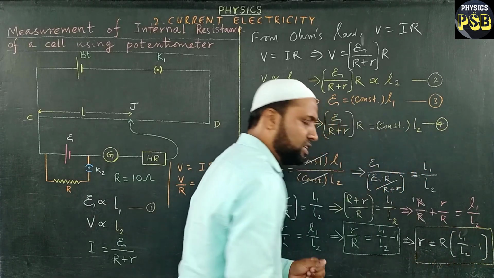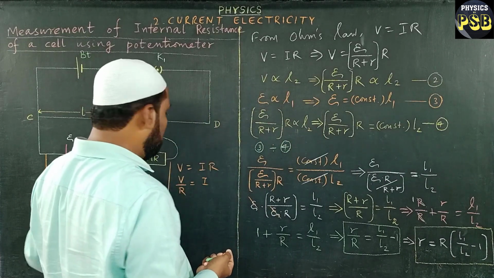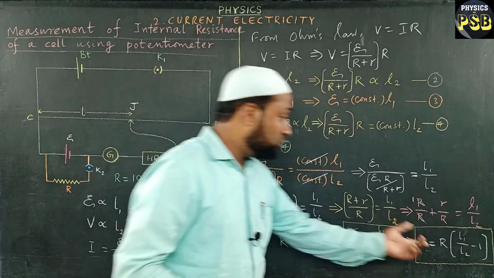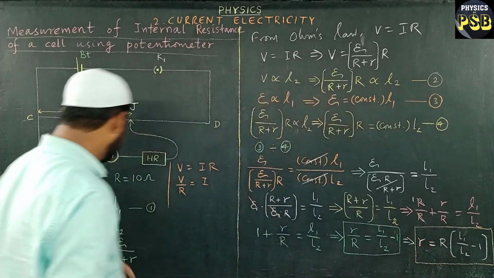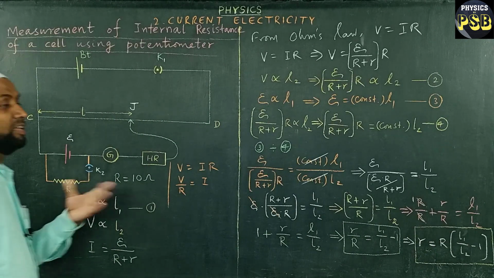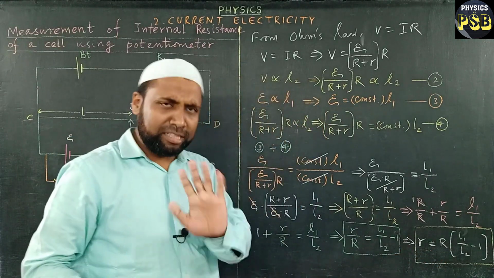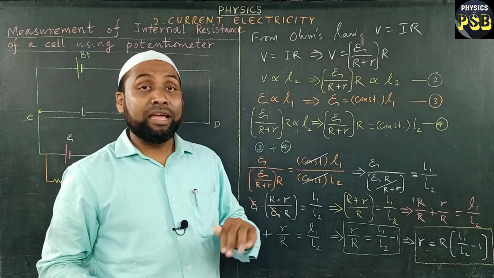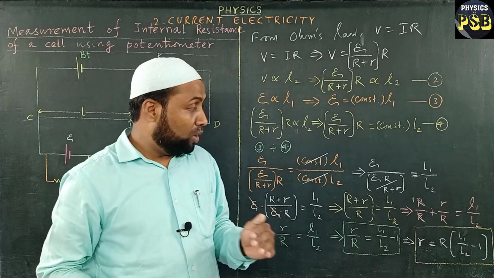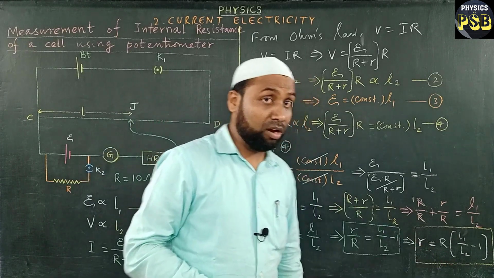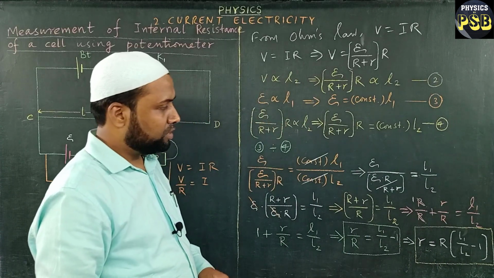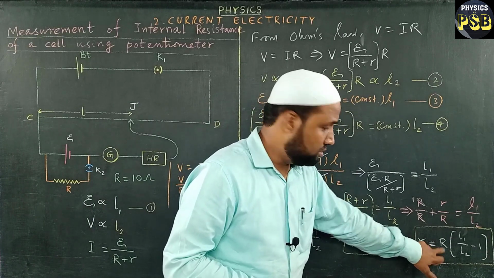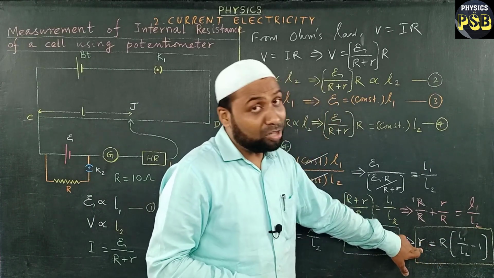This is the internal resistance of the given cell for a particular value of R. If we change the resistance in the resistance box, then you will get a different r. This shows that the internal resistance of a given cell is not a constant. It varies with the load or the external resistance. So it is found that when R increases, internal resistance also increases.